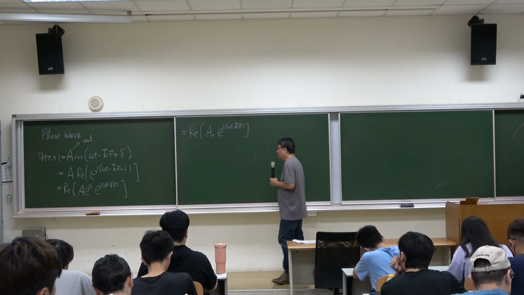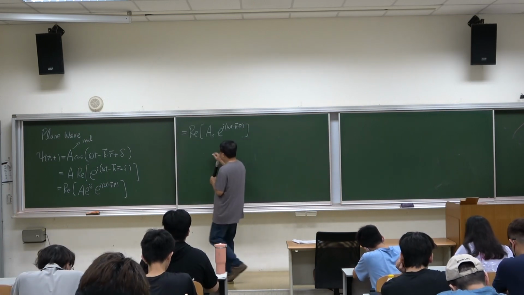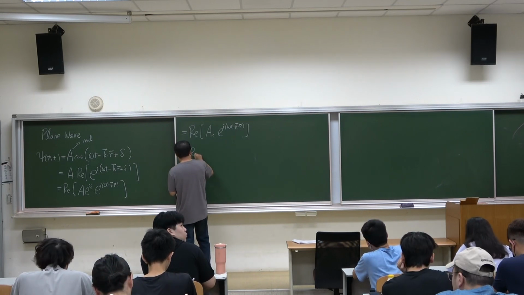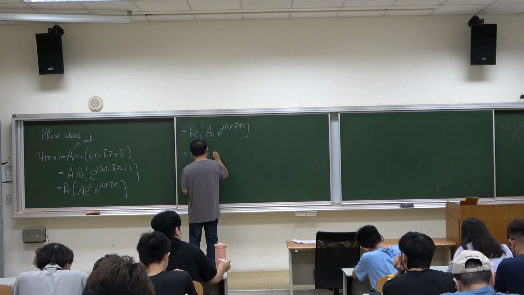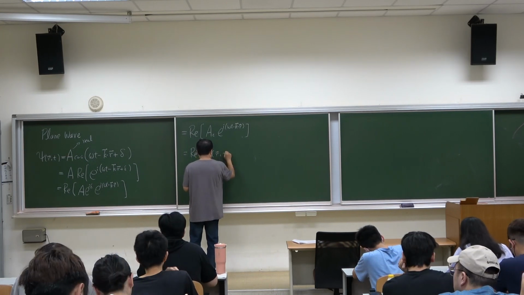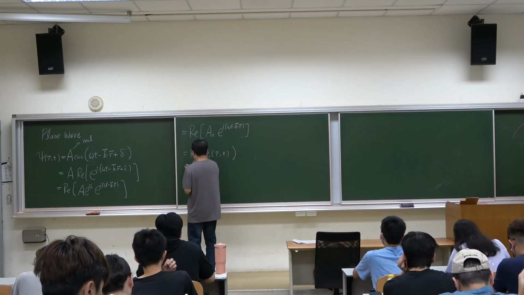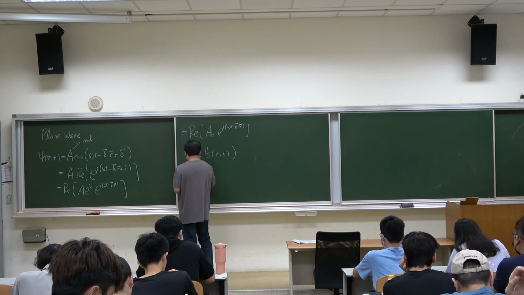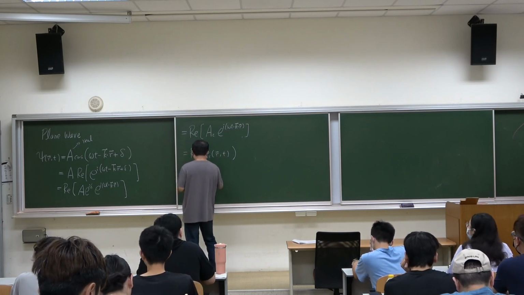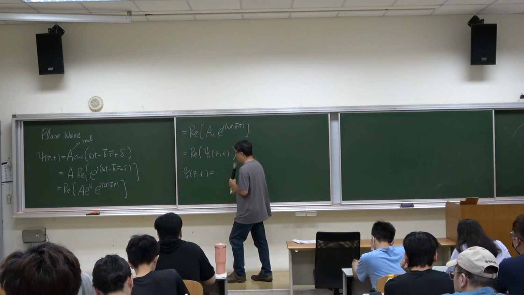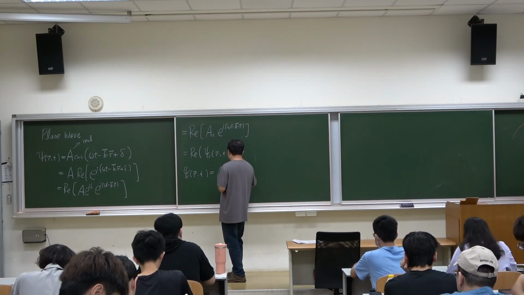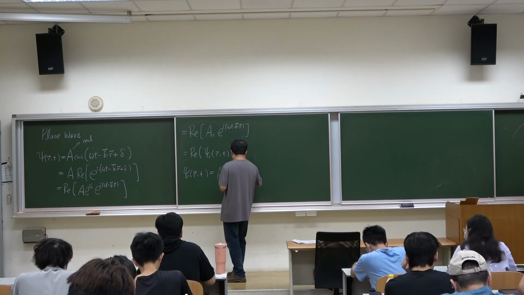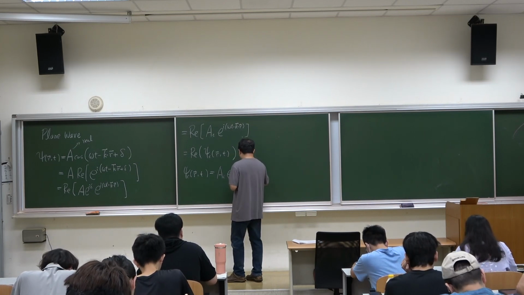This can be written as psi(r, t), where psi(r, t) is A_C times exponential i omega t minus k dot r.